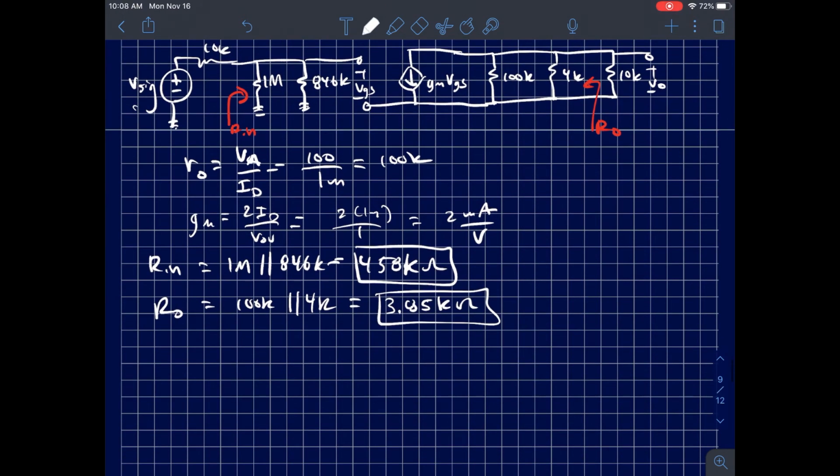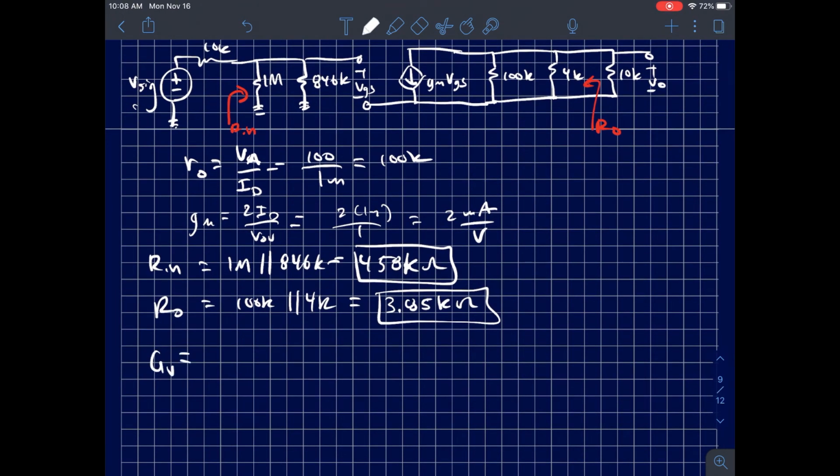And then the last part I ask you for is Gv. Gv is found by taking the stuff on the input, which is 458k over 458k plus 10k, and multiplying that by negative gm. This comes from the output part.